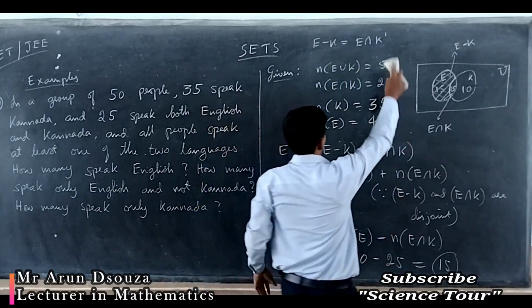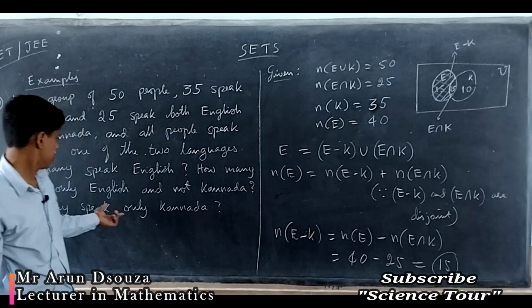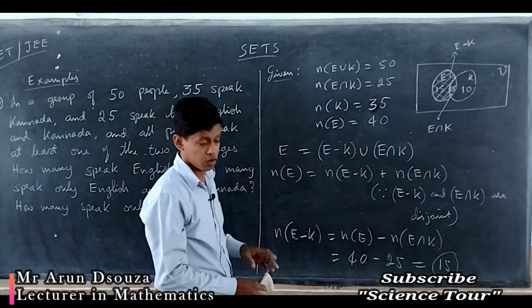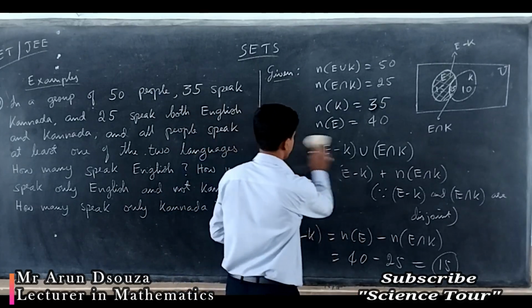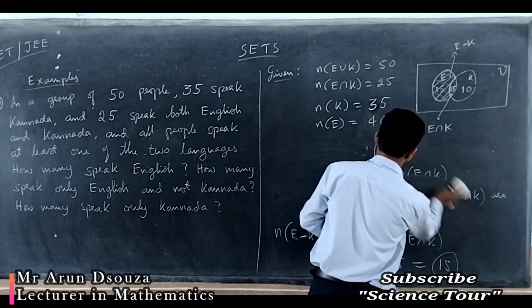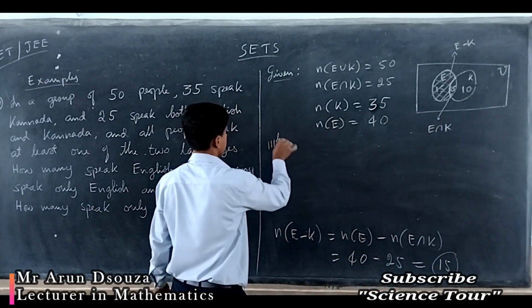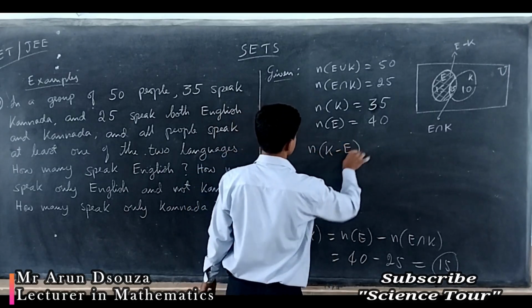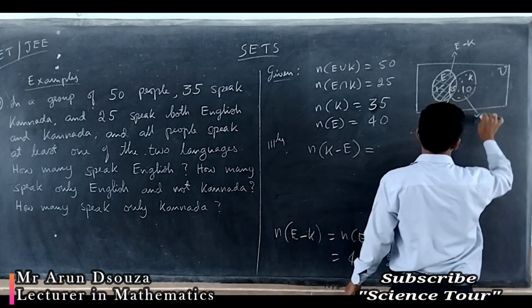Well, now the last one, we have to find only Kannada. So only Kannada means N of K minus E. In a similar way you can write it. What is N of K minus E? This region.